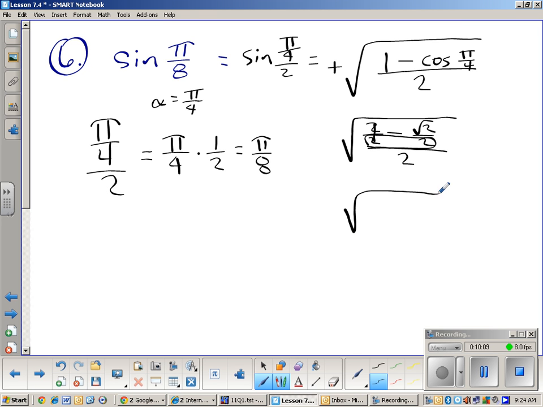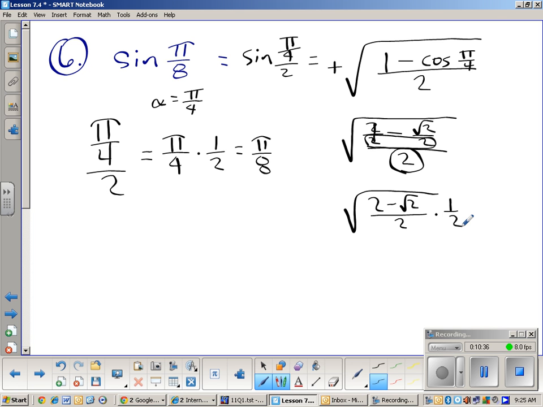Okay. So that means I have on top 2 minus square root 2. On the bottom I have a common denominator of 2 now, don't I? And that's divided by 2. Well, we said earlier, what's the same as dividing by 2? Multiplying by 1/2. So could I just over here write times 1/2 instead of divide by 2?